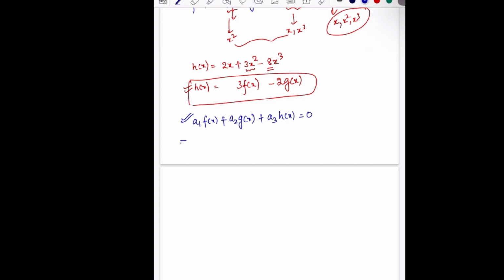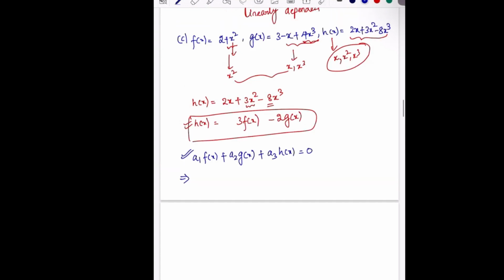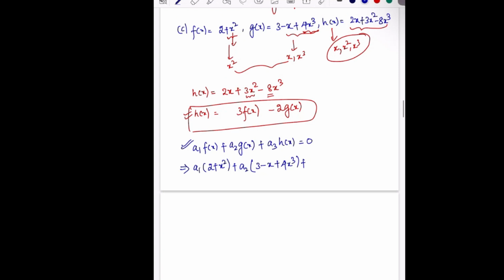Okay, so f of x is 2 plus x square, plus a2 times g of x, which is 3 minus x plus 4x cube, plus a3 times 2x plus 3x square minus 8x cube, equal to 0.